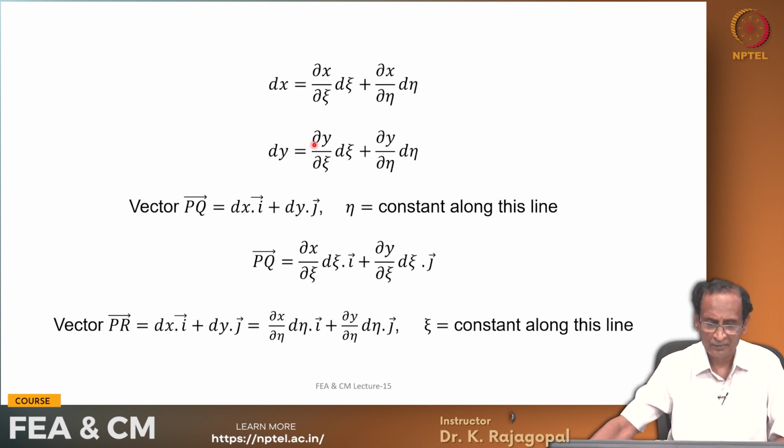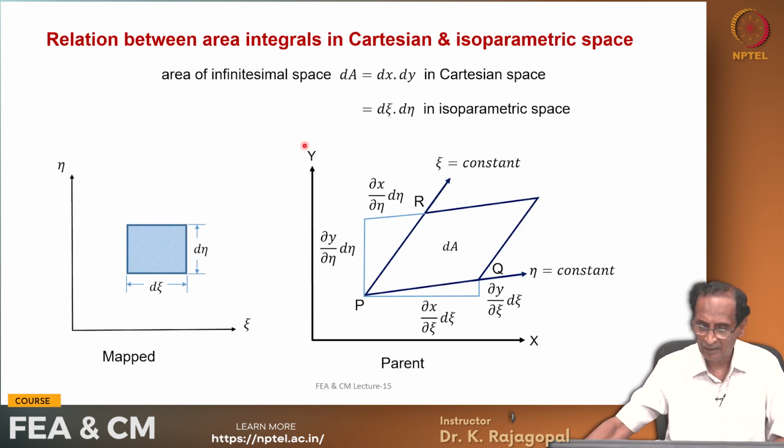And dy also can be written as dou y by dou xi d xi plus dou y by dou eta d eta, because both x and y are related to xi and eta. Okay. And along this line eta is constant, that means d eta is 0.